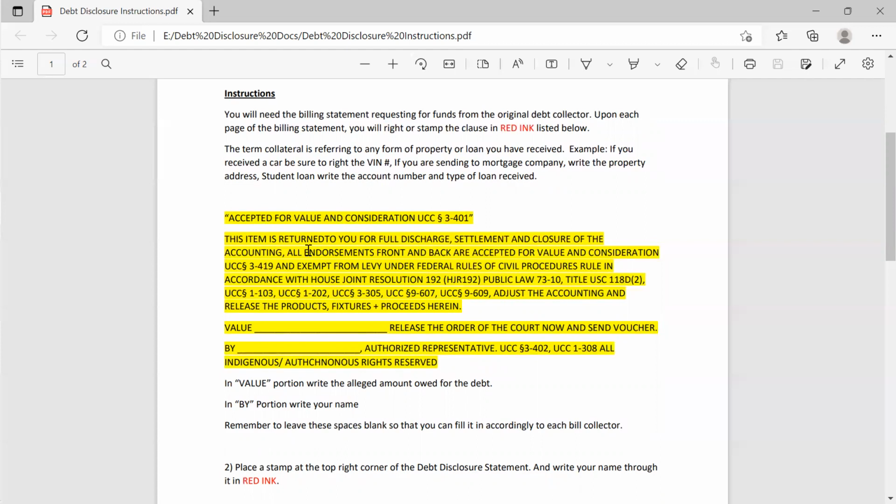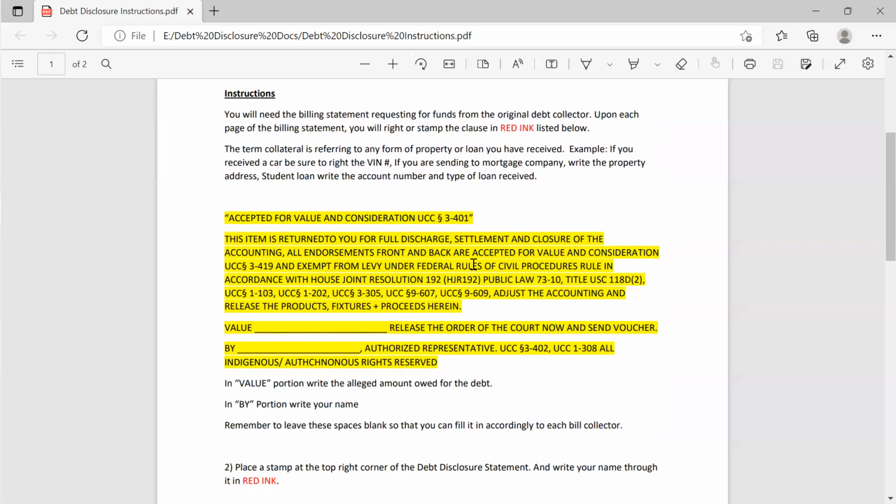Okay. Accepted for value and consideration, UCC subsection 3-401. This item is returned to you for full discharge, settlement, and closure of the accounting.